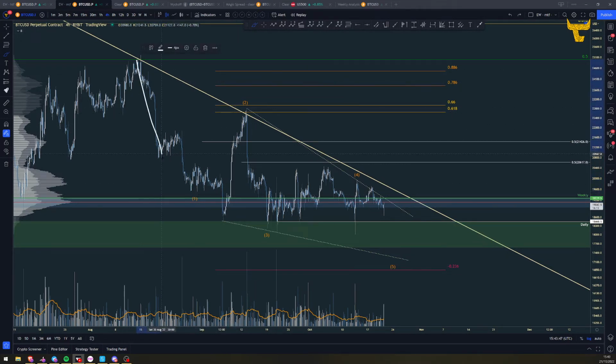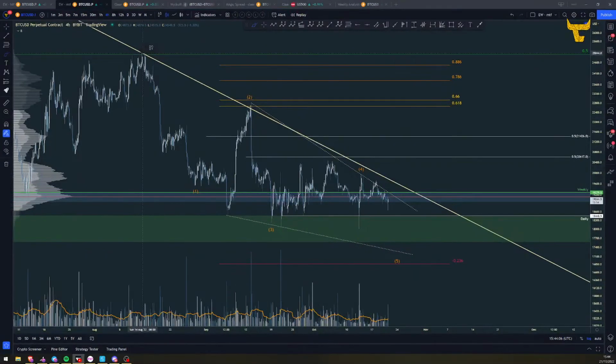Otherwise, for an ABC, I would probably take this ABC, the 1, 2, 3, 4, 5. So A, B, C. But in that case, I'm still stuck with the impulse move, which doesn't fit for wave 2. So I'd rather take this as a 1, 2, 3, 4, 5, and this as an ABC.